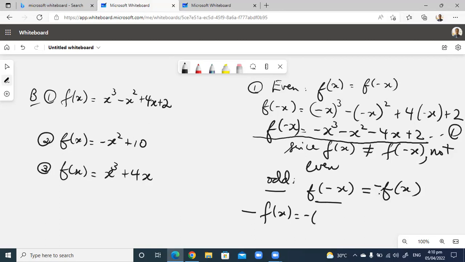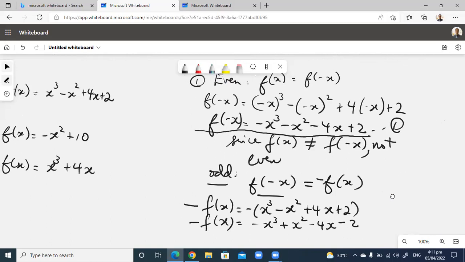That will be minus times x cubed minus x squared plus 4x plus 2. So I will get minus x cubed plus x squared minus 4x minus 2. That's minus times f of x. All right.